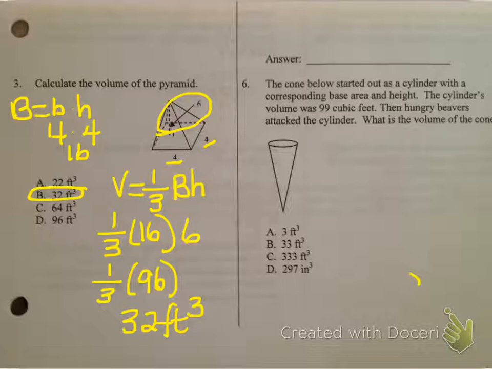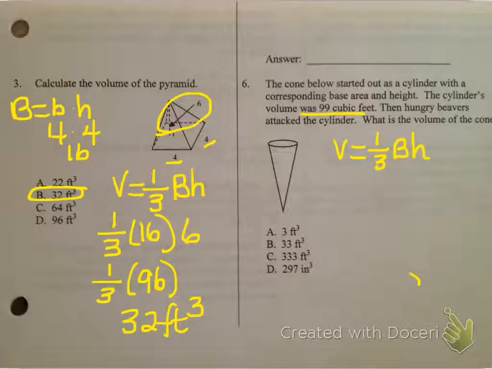Okay, let's go across the page and look at question number 6. The cone below started out as a cylinder with a corresponding base, area, and height. The cylinder's volume was 99 cubic feet. Then hungry beavers attacked the cylinder. What is the volume of the cone? Well, you can use your volume formula for a cone. Volume is 1/3 of the area of the base times the height.